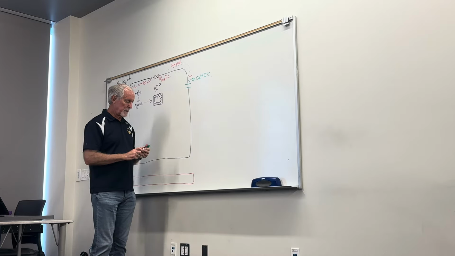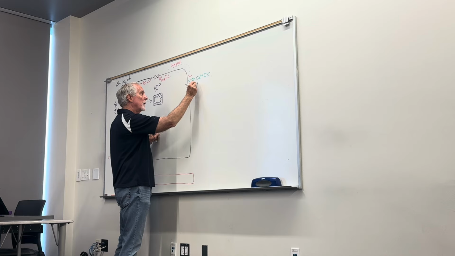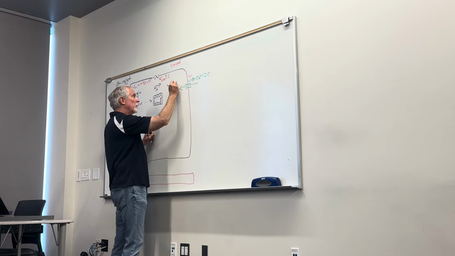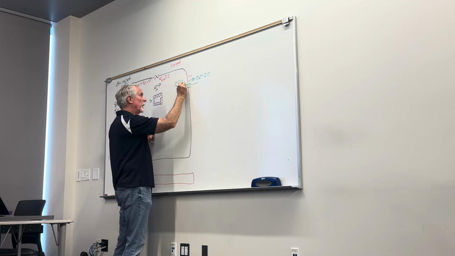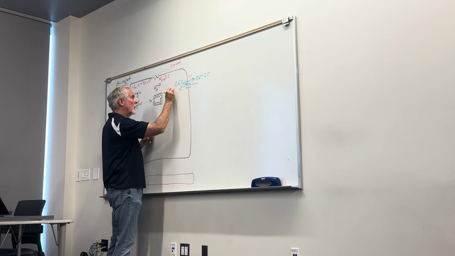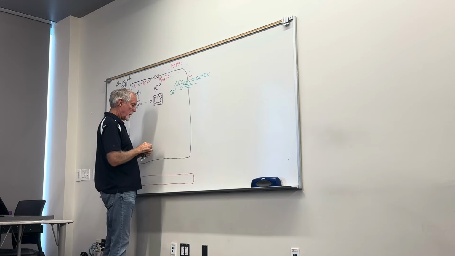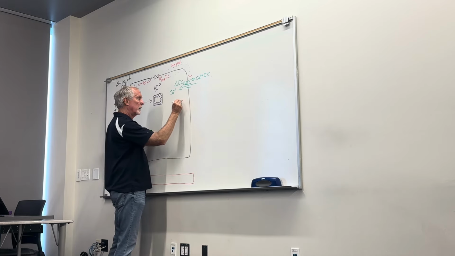That then causes these voltage-gated calcium ion channels to open up, and calcium enters into the cell according to its electrochemical gradient. And that calcium acts on vesicles that have insulin stored in them.